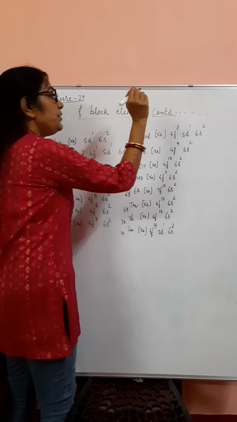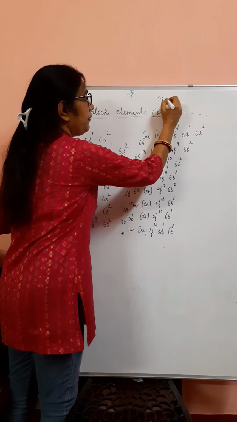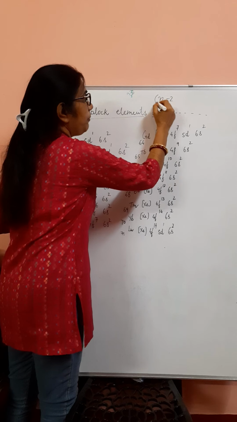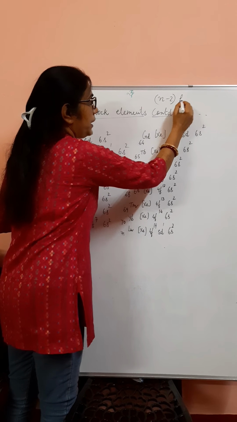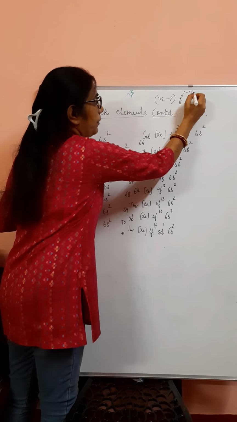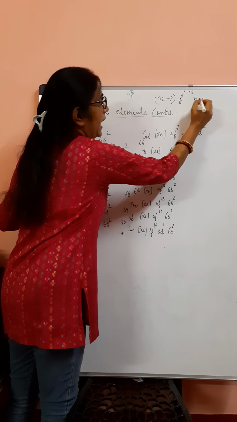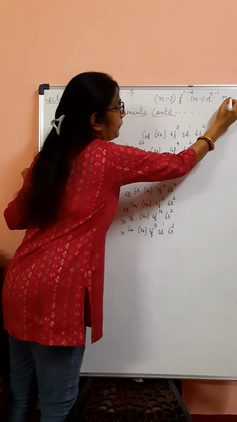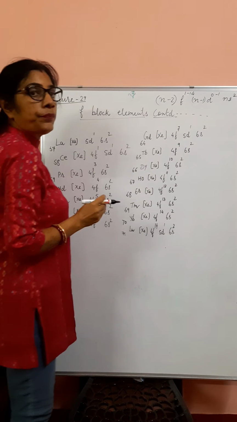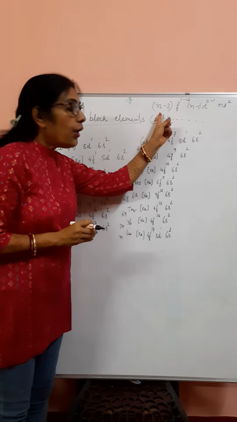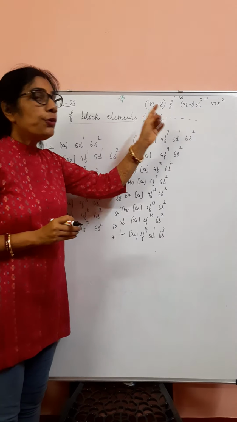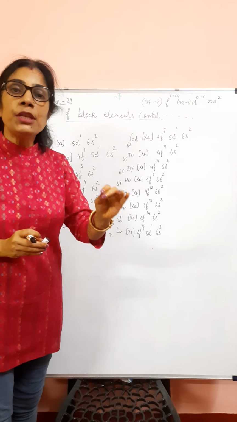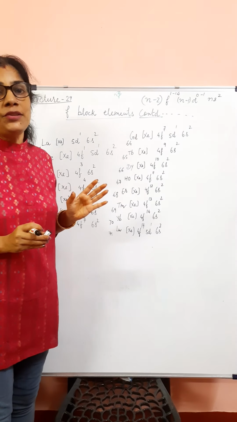And the general electronic configuration for F block elements is (n-2)f 1 to 14, (n-1)d 0 to 1, ns2. What is small n here? n denotes the principal quantum number of the valence shell.